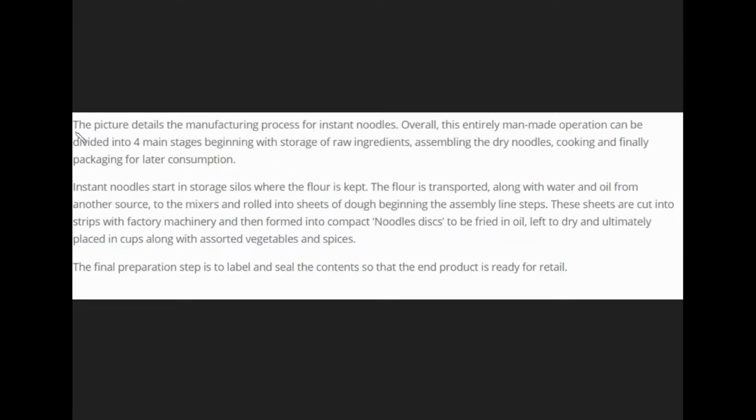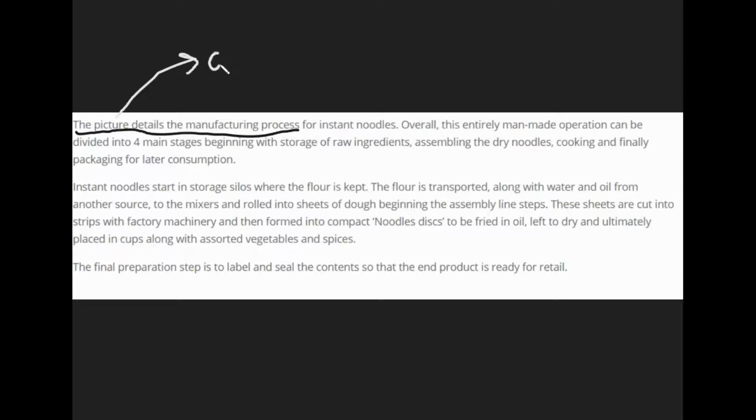So here is what I have written, so I'm going to show you. Now I have written the picture details the manufacturing process. Now see, whenever you get a picture or a process, what you could write is the picture details the manufacturing process. So isn't it way more easier? Or instead of the picture over here, what else we could write is the diagram.